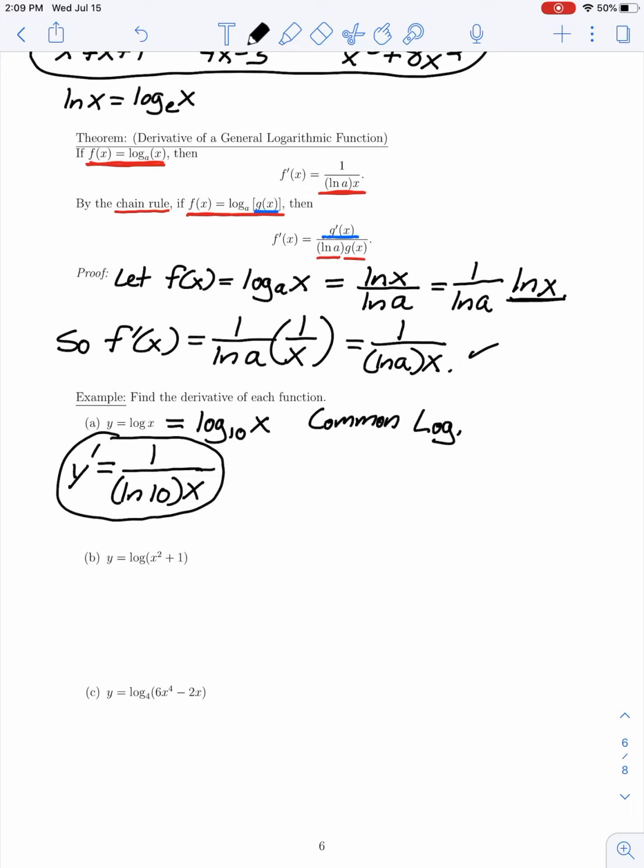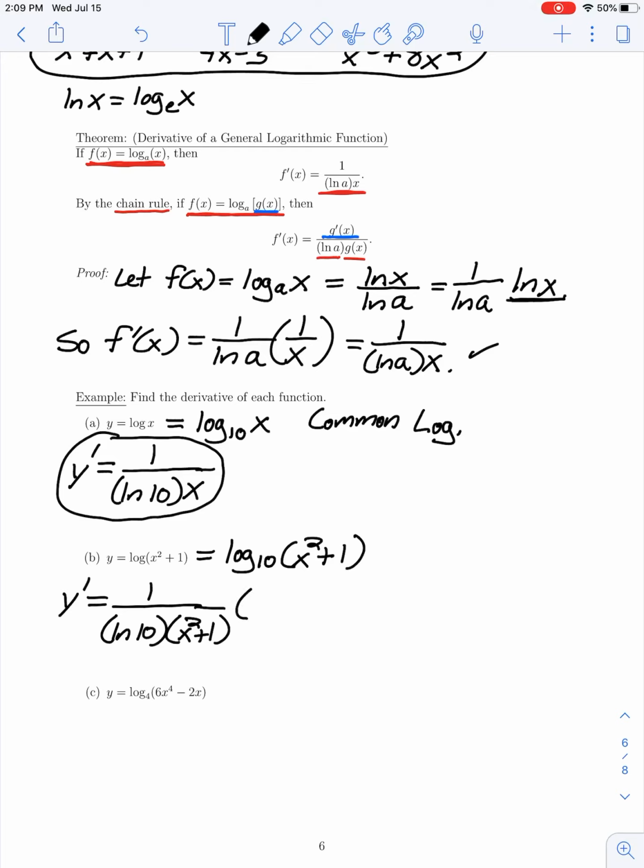So let's look at another one. In part B, we have y is log of x squared plus 1. So again, this really represents log base 10 of x squared plus 1. Differentiating using the chain rule, since we have a composite function, our derivative of the outer function would be 1 over the natural log of the base, which was 10, times the inner function, x squared plus 1.